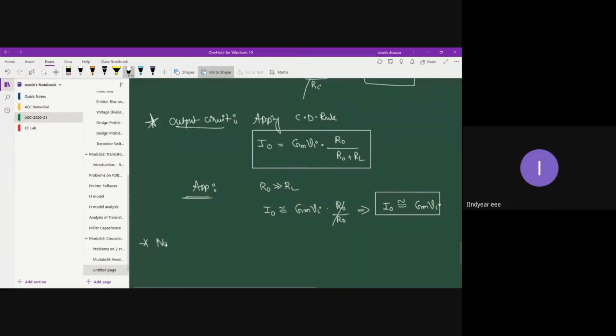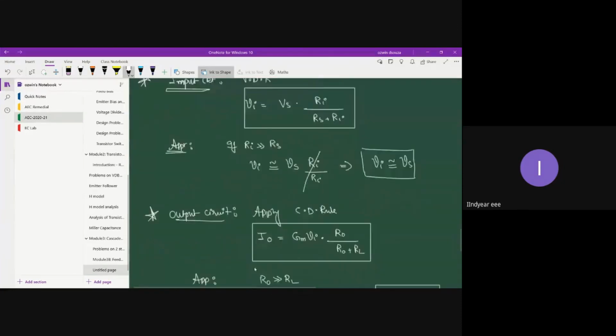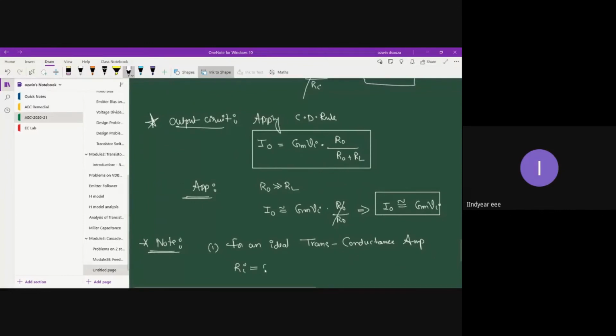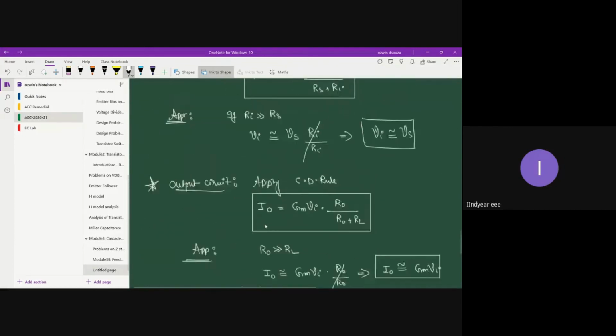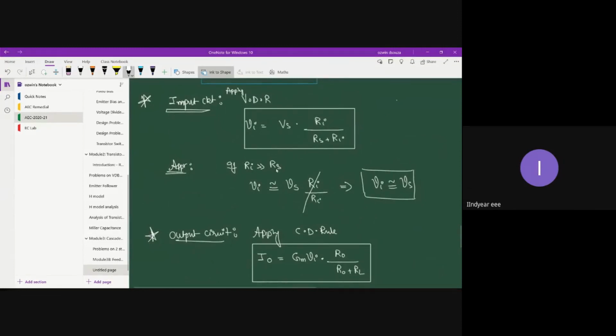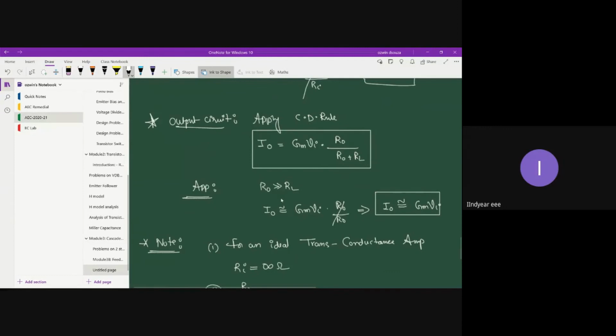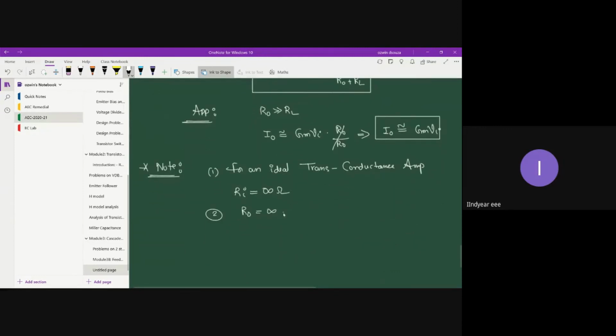Hence you can summarize with a short note. For an ideal transconductance amplifier, your input resistance Ri should be very large, or infinite, and R0 should be very large in comparison, so R0 should be infinite as well.